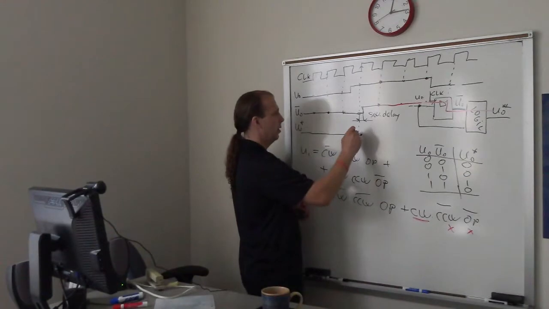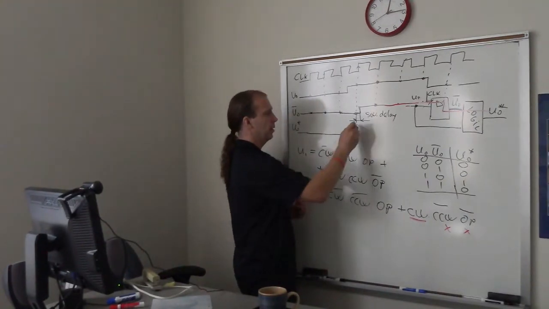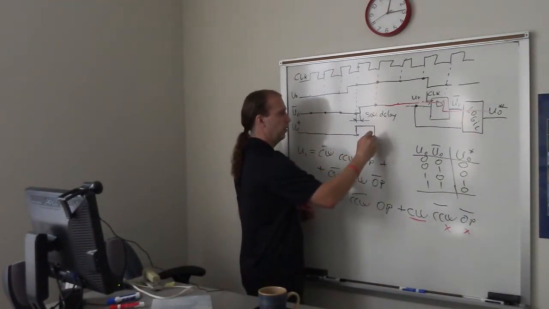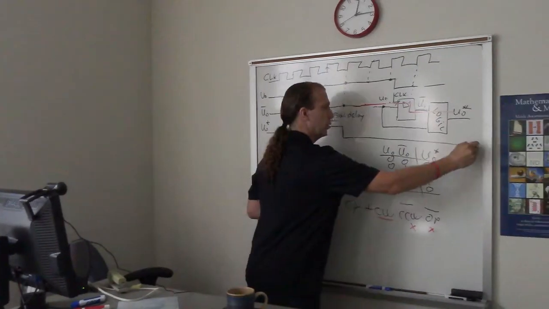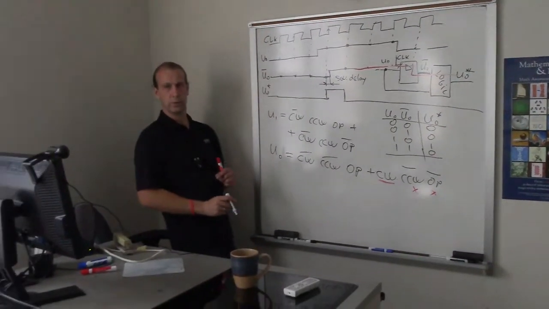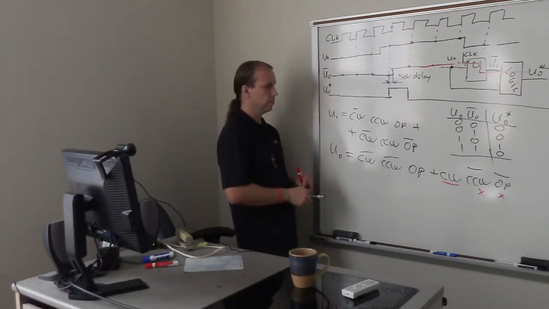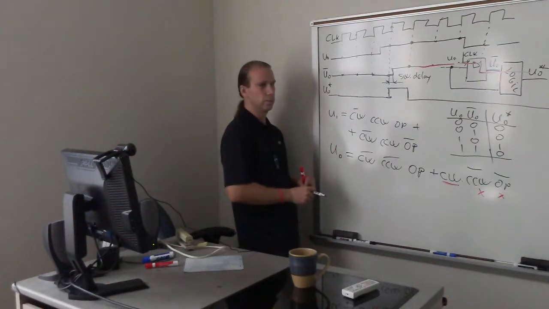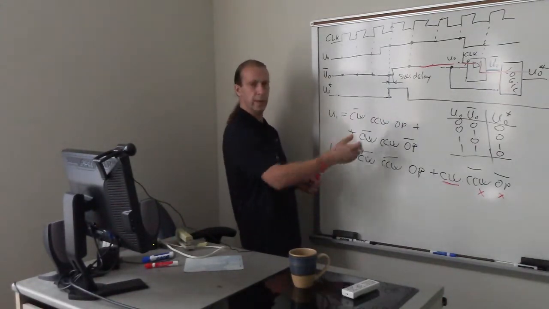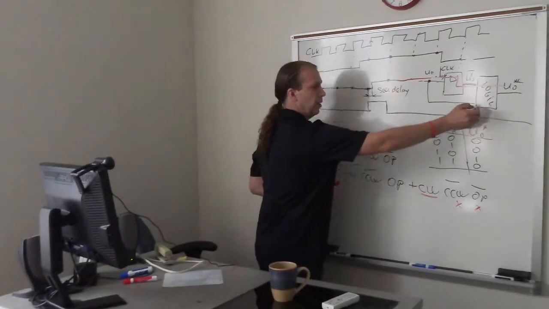In other words, here we want to raise it, and it will be good only for one clock cycle. The only question left is how we implement that logic in that block.